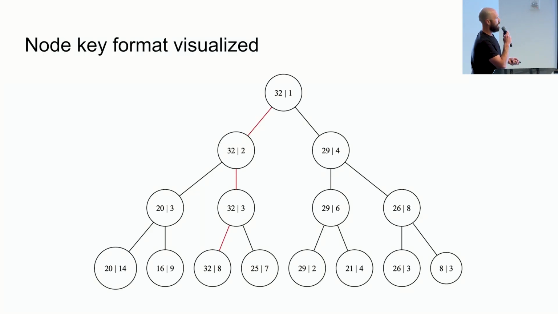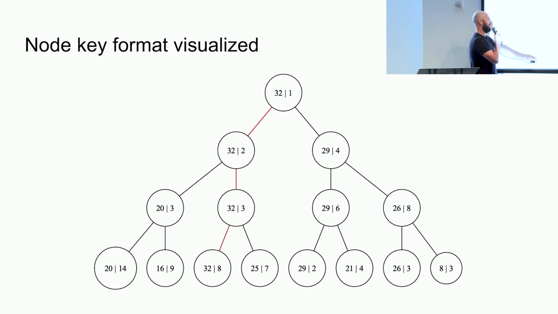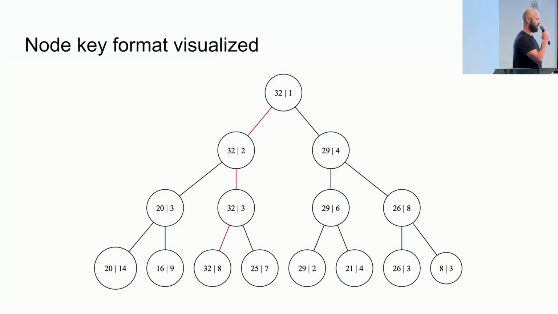So here we go. This is why the V1 node key format is better. Imagine this is a leaf node that just got updated. So all of its parents have the same version. That's what this red line is. It's the traversal path. Now when I traverse this path on disk, there's a very high likelihood that those nodes are sitting in the same page.